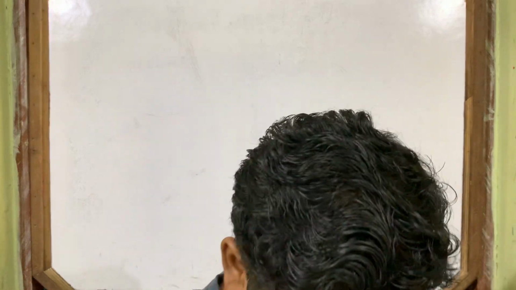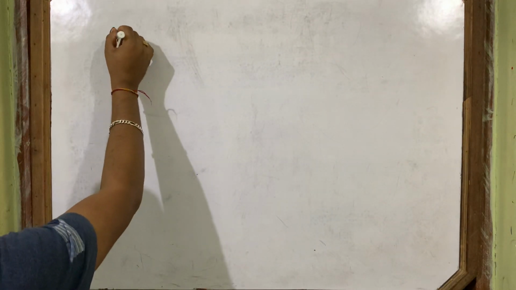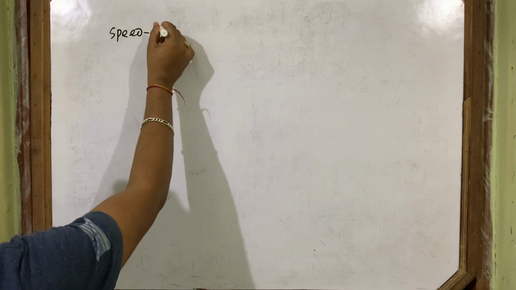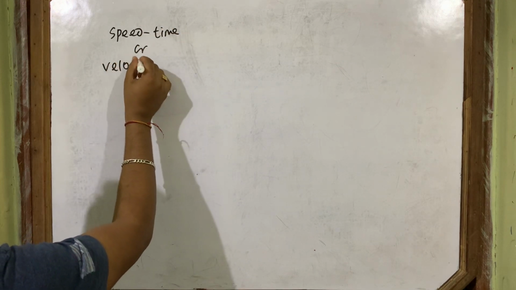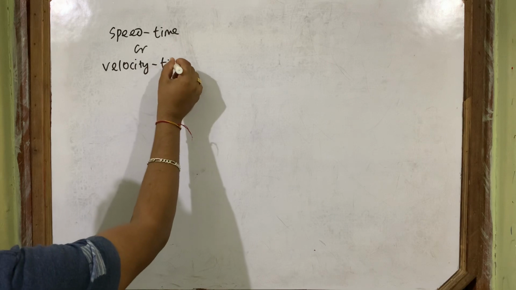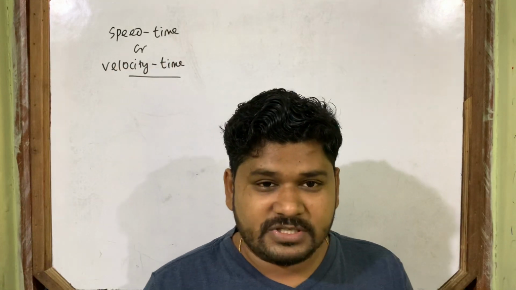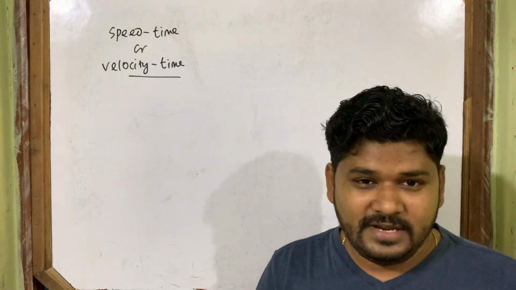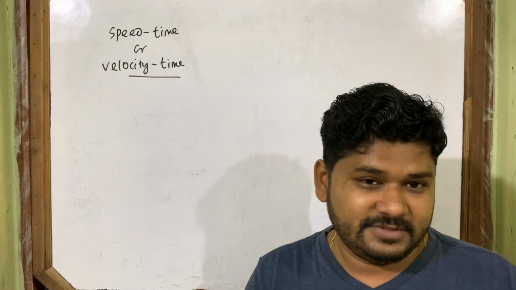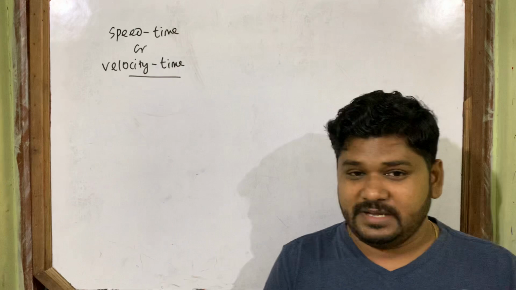So let's start first with the speed-time or velocity-time graph. There is not much difference between these two graphs, only a little difference, just like the difference between distance-time and displacement-time.